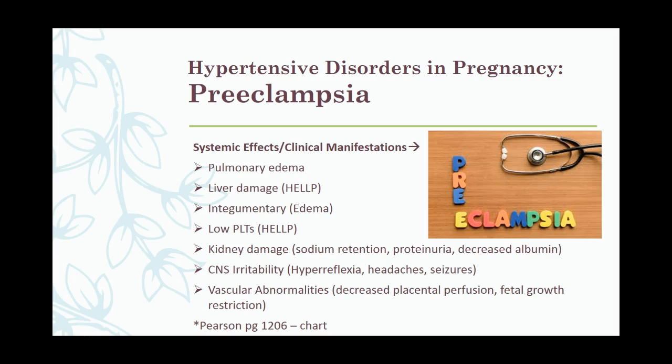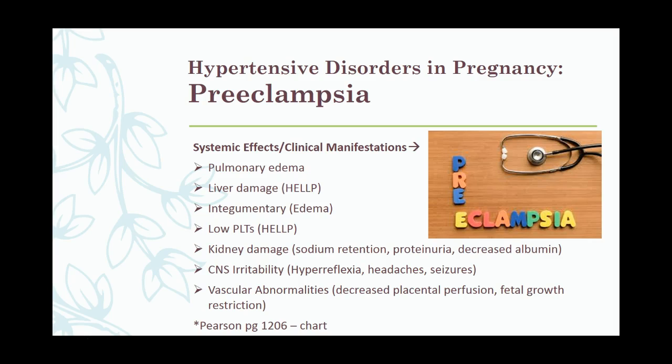So let's look at some of the different systemic effects and clinical manifestations that you may find with preeclampsia. These individuals may experience pulmonary edema. They may experience liver damage, in which they'll be diagnosed with HELLP syndrome. They may experience edema as far as their integumentary system goes.